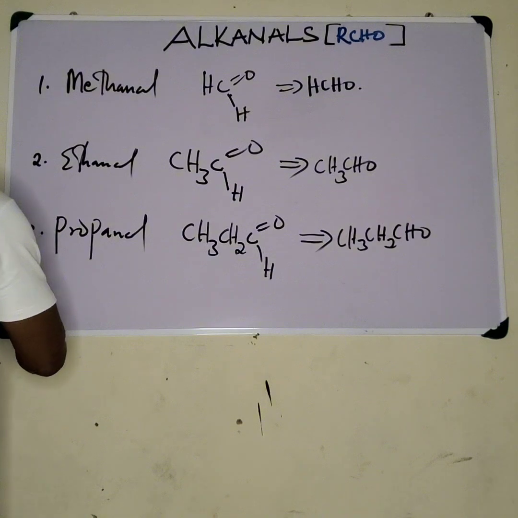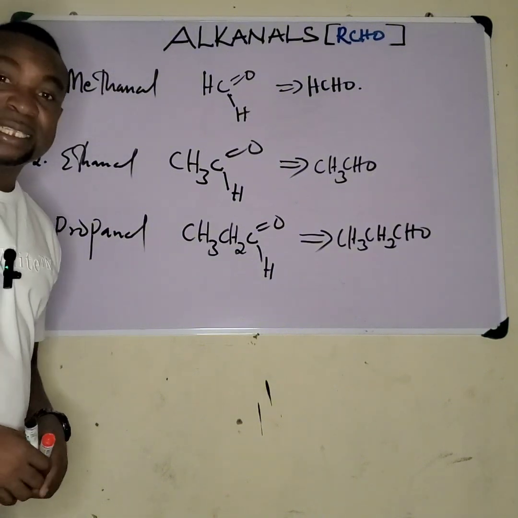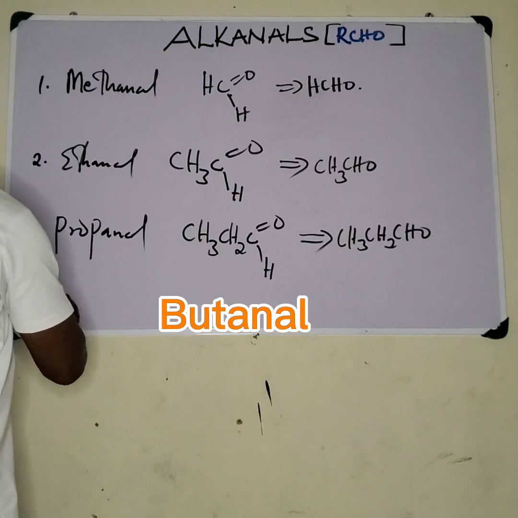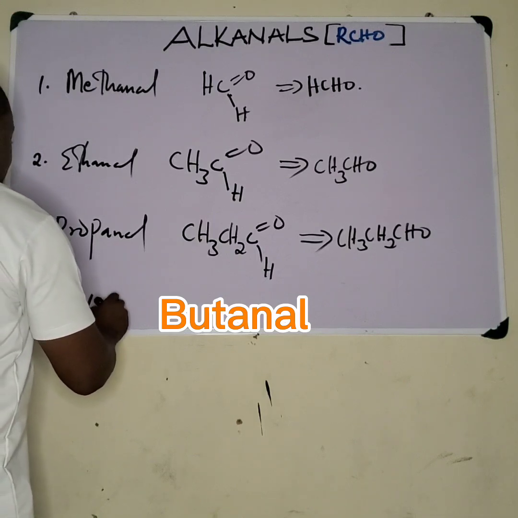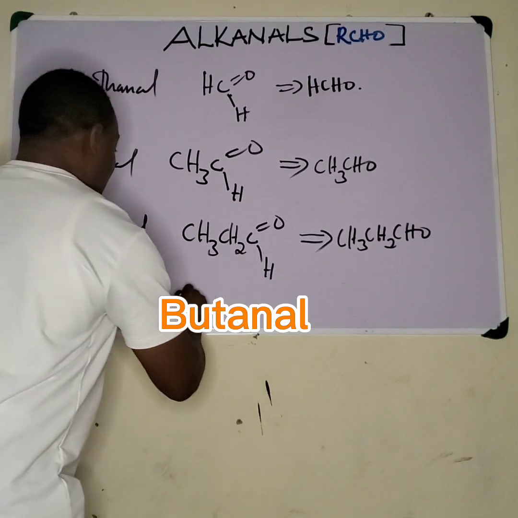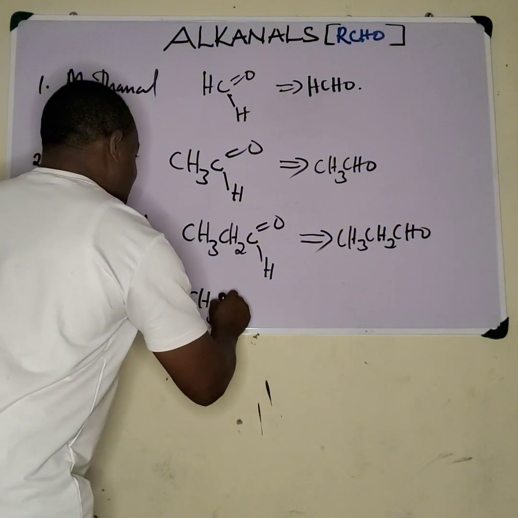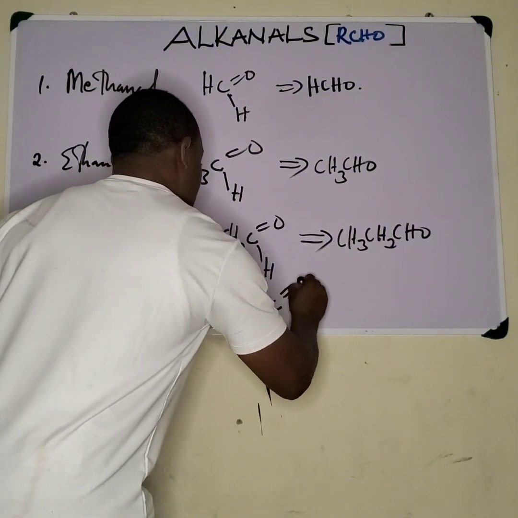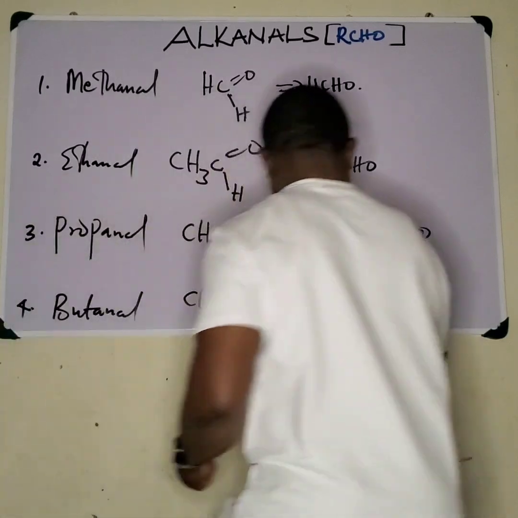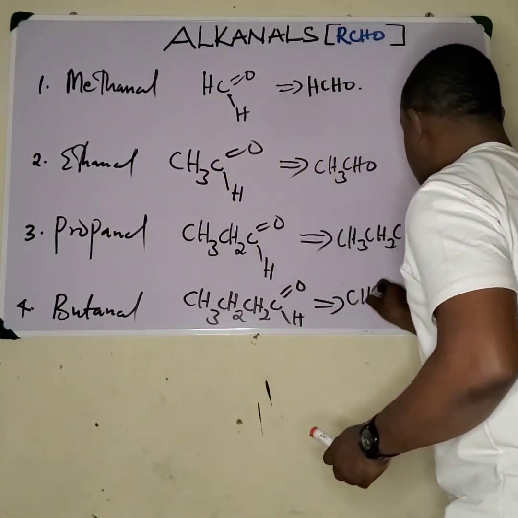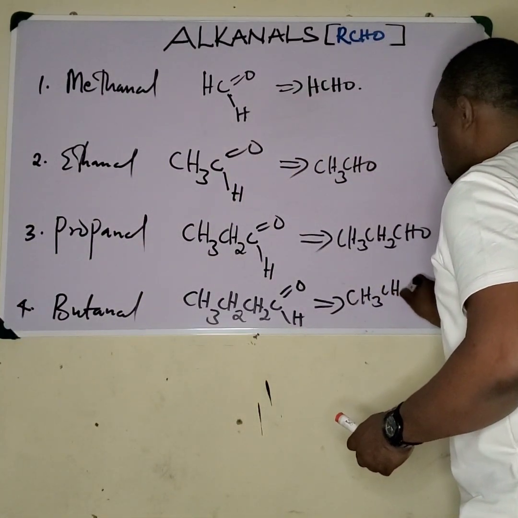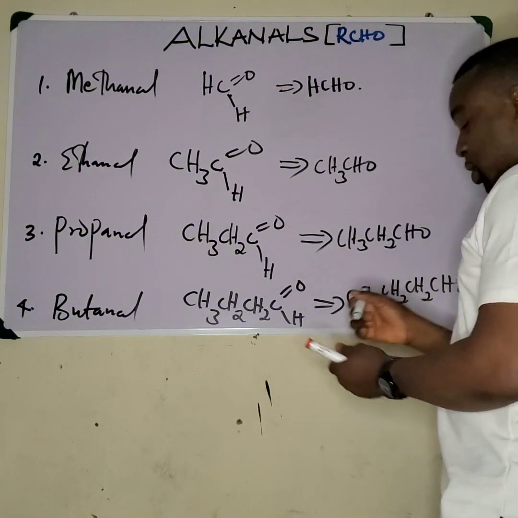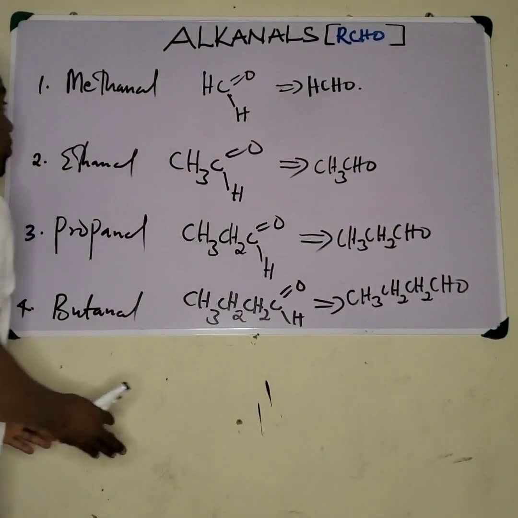Then the fourth, but not the least, is butanal. In butanal, we have CH3, CH2, CH2, C carbonyl functional group, H. So we have CH3CH2CH2CHO. This one is known as butanal.